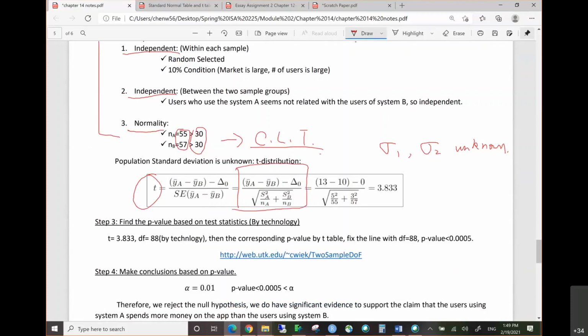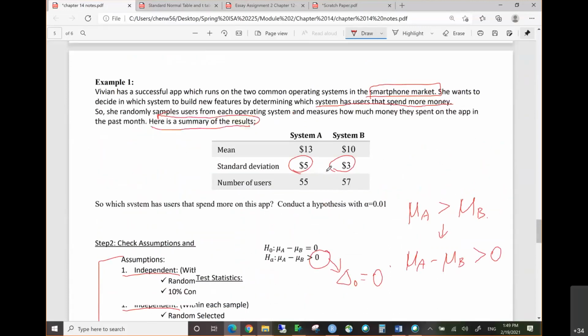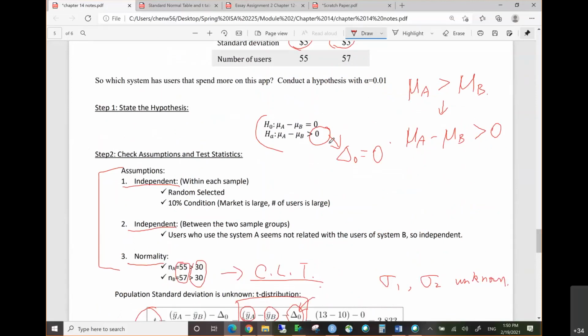And this is the formula for the t-test statistics. We just plug in the sample mean for A minus the sample mean for B minus the delta zero. What is the delta zero? This is the claimed difference in your hypothesis. So what is our hypothesis? This is our hypothesis.